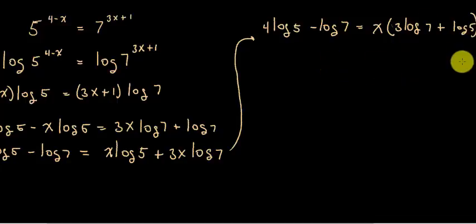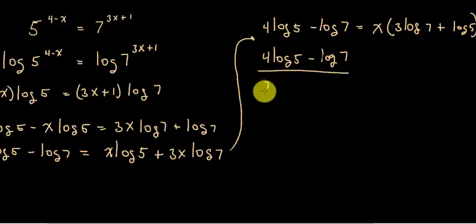And now I can divide both sides by this expression, and I get 4 log 5 minus log 7, all of that divided by 3 log 7 plus log 5, and that's got to be equal to x.